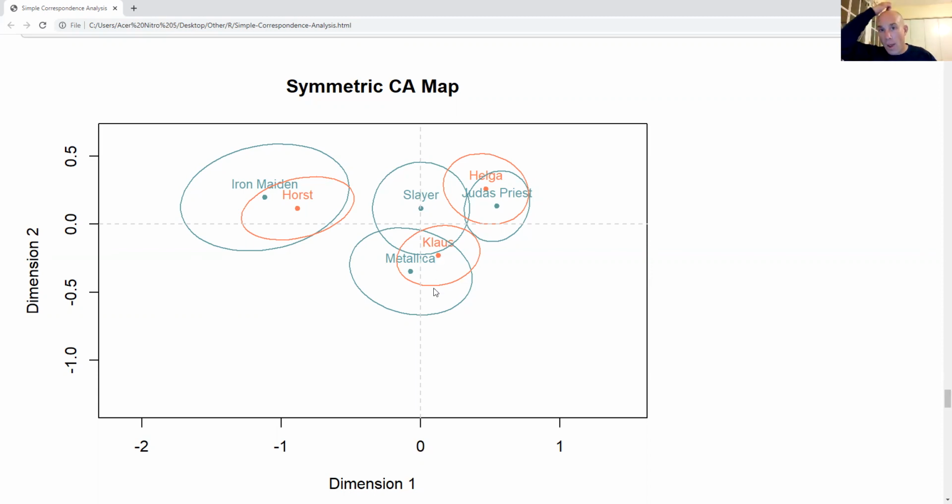Now, one of the reasons why we cannot trust this in terms of interpreting both plots at the same time is because it's possible for reflections to happen this way. So after I get my band symmetric correspondence analysis map, once I get the plot down for the bands, the first principal component could be like this, the second principal component can go like this, either way.